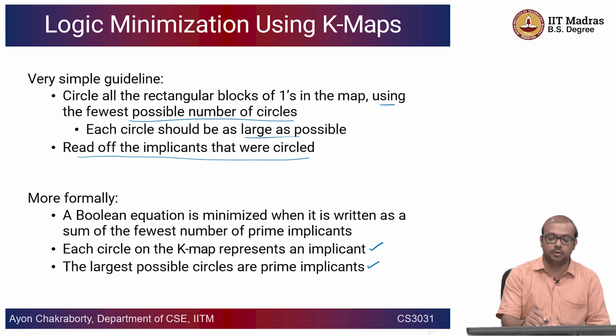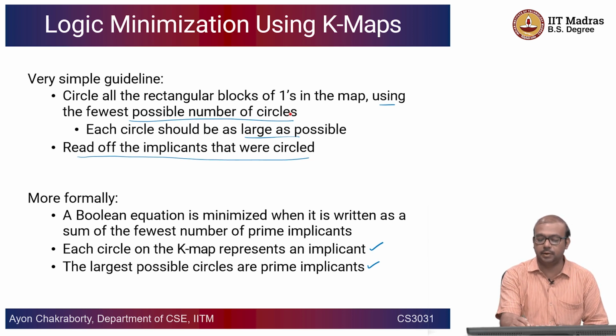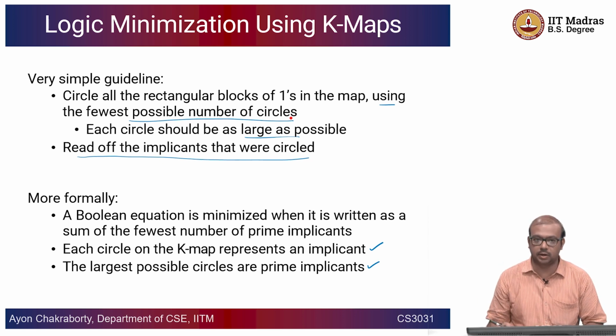Once you put all the ones there, you have to circle all the rectangular blocks of ones in the map using the fewest possible number of circles. All you are trying to do is keep these circles, or squares, whatever you want to call them, as large as possible. You want to occupy as many ones as possible during that circling phase.